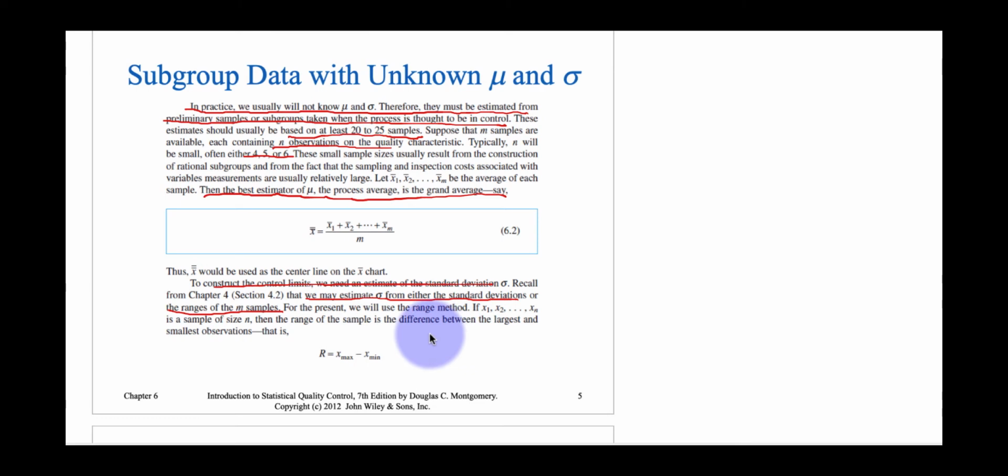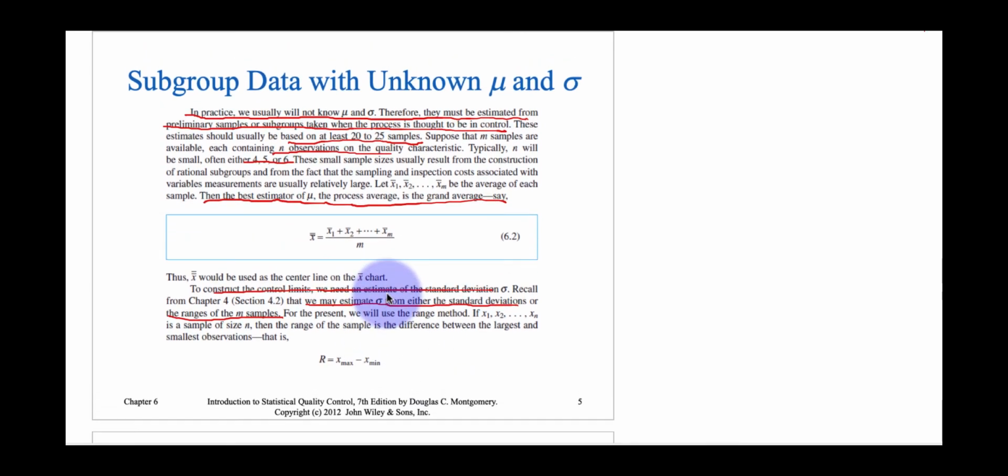And what is range? The range of a sample can be calculated by the maximum observation we have in the sample minus the minimum observation we have in the sample. And this is the range of a sample. This is a measurement of variability, right? Because we are taking the maximum and minimum values of observation and subtracting them. We are going to use these range values to estimate the standard deviation.